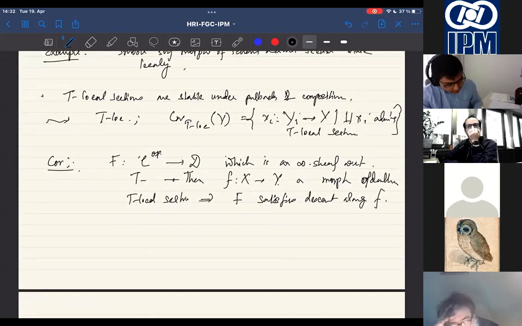Maybe I should say something about this infinity sheaf.